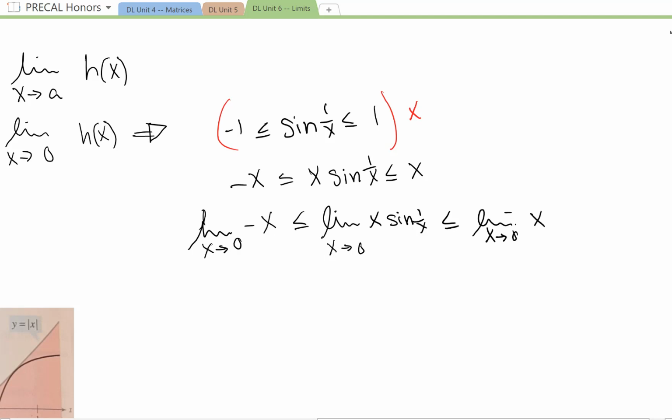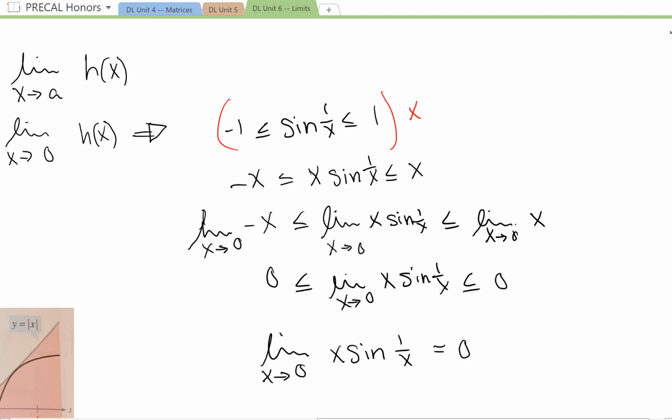We use direct substitution since -x and x are both polynomials, they are linear. And so this would be 0 is less than or equal to the limit as x approaches 0 of x sine of 1 over x, and is less than or equal to 0. Therefore, the limit of h of x as x approaches 0 is 0.